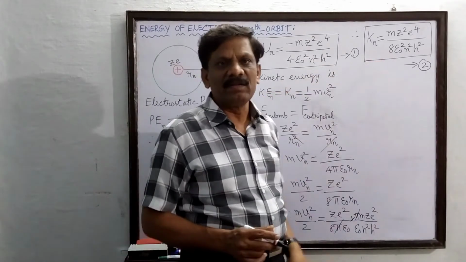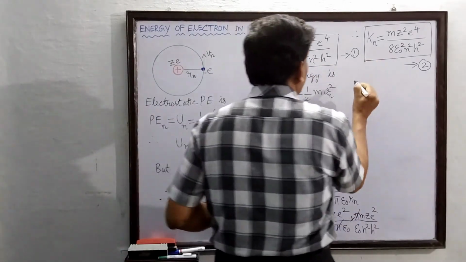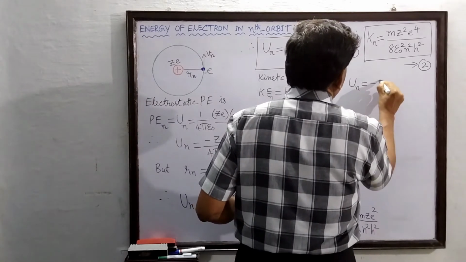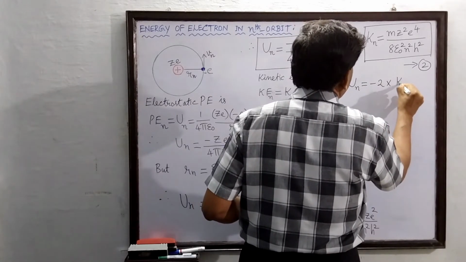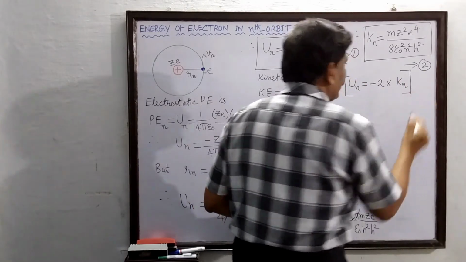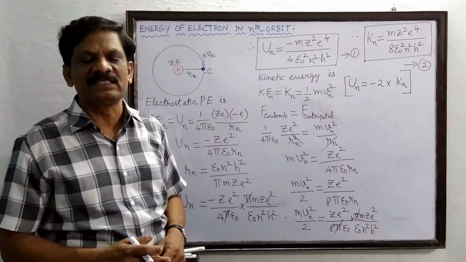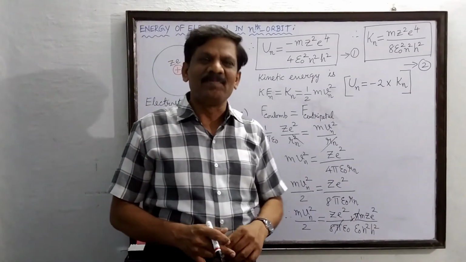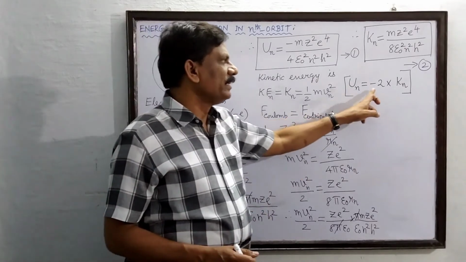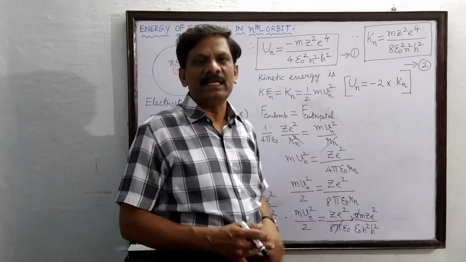So the same denominator will come. So from this I find that the potential energy is equal to minus 2 times the kinetic energy. This is a very, very important conversion factor in solving numerical problems in competitive exams. Have you understood? So the potential energy is minus 2 times the kinetic energy.